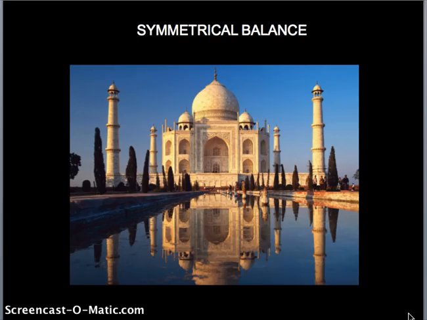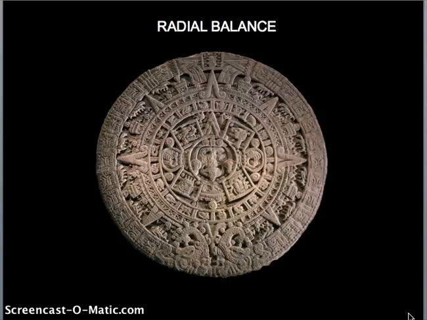The Taj Mahal, epic example of symmetrical balance in architecture. We can often go towards architecture to find that symmetrical balance. Also, radial balance is something found in nature and a lot of non-Western art traditions.